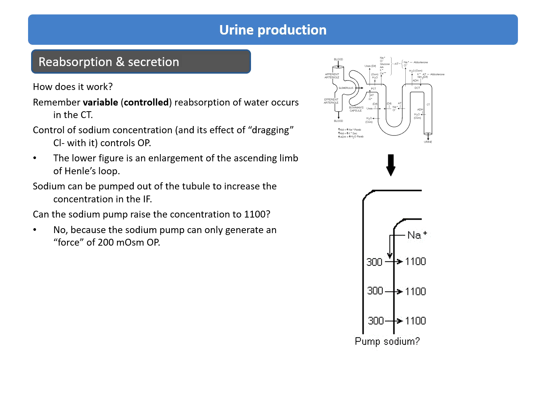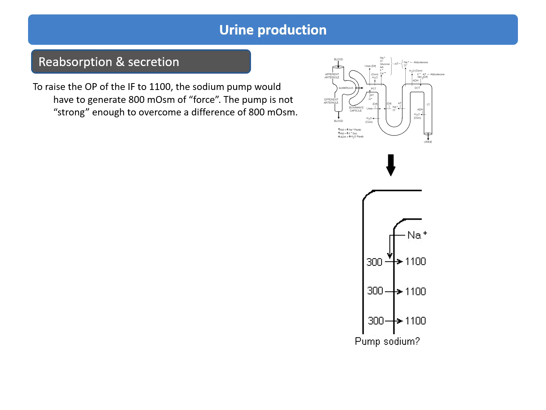The reason is the sodium pump can only generate a force of roughly 200 milliosmoles of osmotic pressure. That is, the sodium pump can't overcome such a great osmotic pressure difference. To raise the osmotic pressure of the interstitial fluid to 1,100, the sodium pump would have to generate 800 milliosmoles of force. The pump is not strong enough to overcome a difference of 800 milliosmoles.